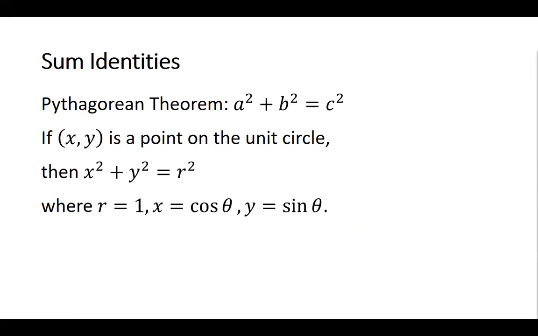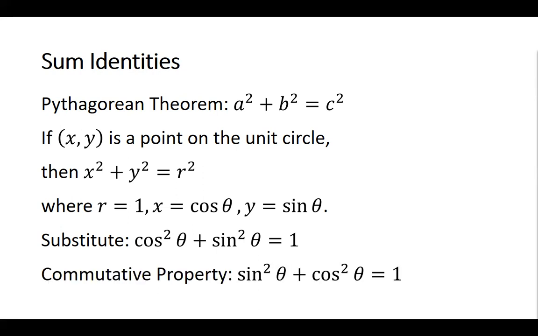So I can then substitute r, x, and y with 1, cosine, and sine, and I get cosine squared theta plus sine squared theta is equal to 1. And then using the commutative property, I get sine squared theta plus cosine squared theta is equal to 1, which was that first sum identity.